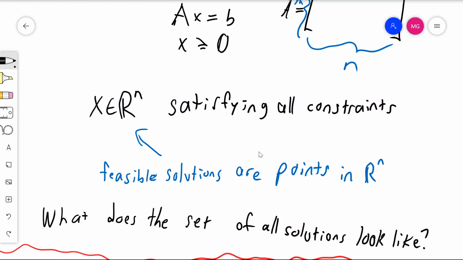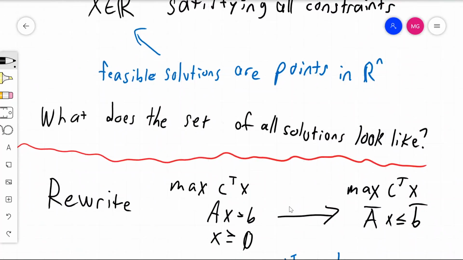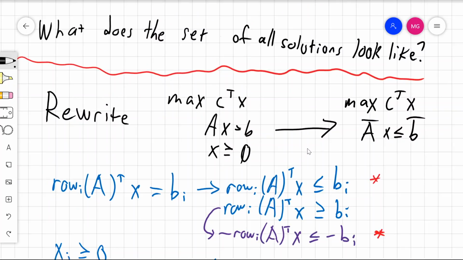So I look at the space Rn and I look at where all the points x satisfying these constraints are. Are they just randomly scattered about in space, or is there more structure to them? The answer is no. It's almost the exact opposite of that. They're very, very highly structured. So we'll see what that is in just a moment.